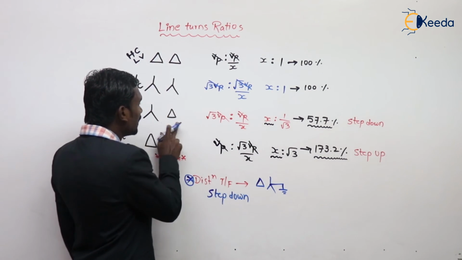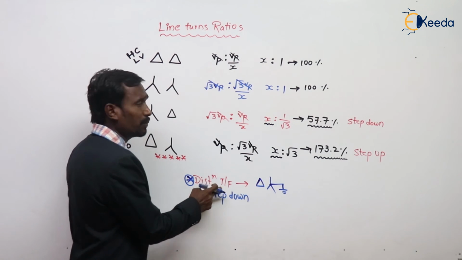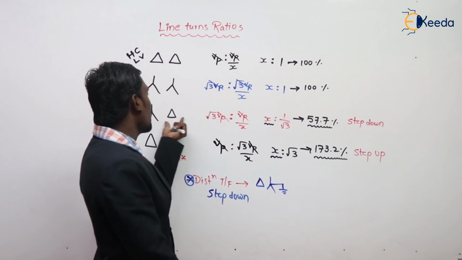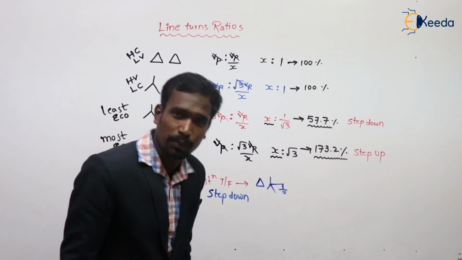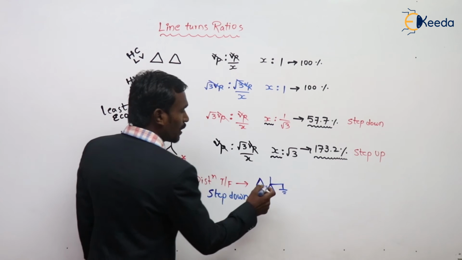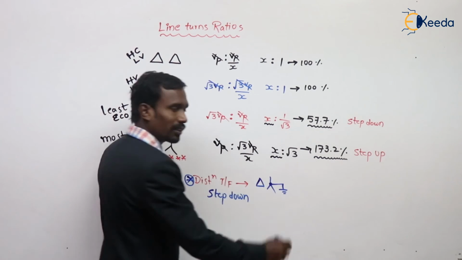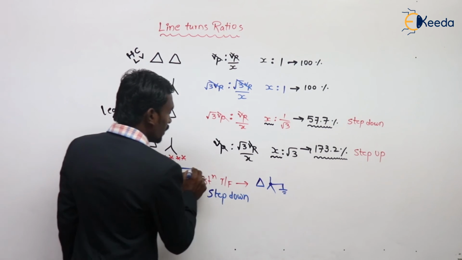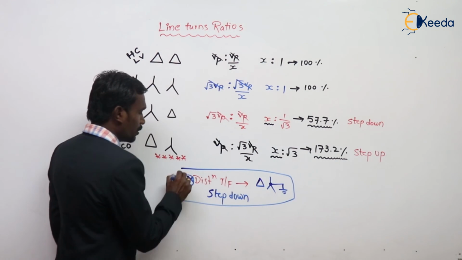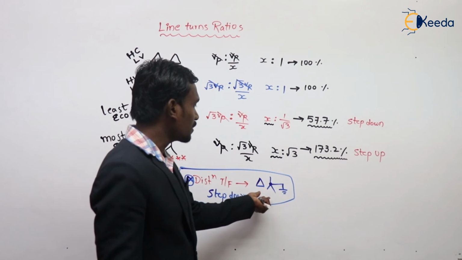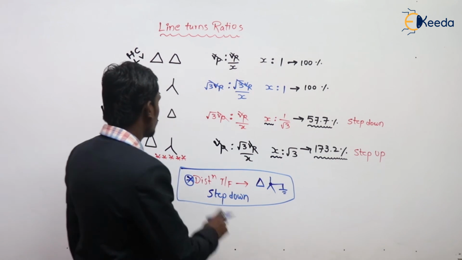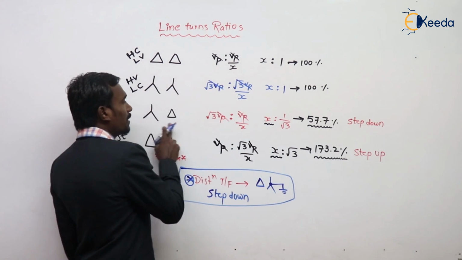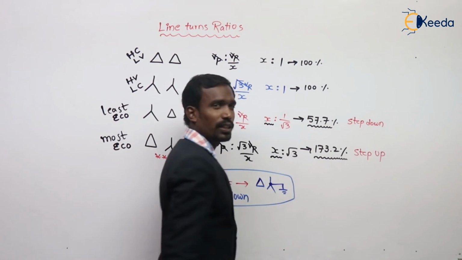If you use star-delta for a distribution transformer, there is no neutral on the secondary, so that is not preferable. For a distribution transformer we must need a neutral grounding. That's why even though it is step down, we are using delta-star only. This is the special case. But generally, delta-star is used for step up applications and star-delta is used for step down applications.